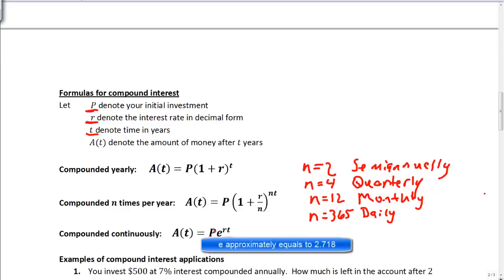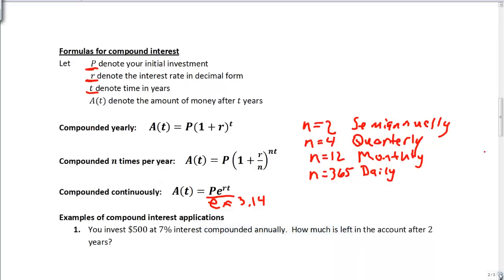But this is just a formula P times E raised to the exponent R times T, where P is the initial investment still, R still the interest rate in decimal form, and T still the number of years. So in these compound interest problems, what you want to do is first off determine which formula to use, how many times it's going to be compounded, and then you want to identify which information you're given and identify what you need to find. So let me just work one example.